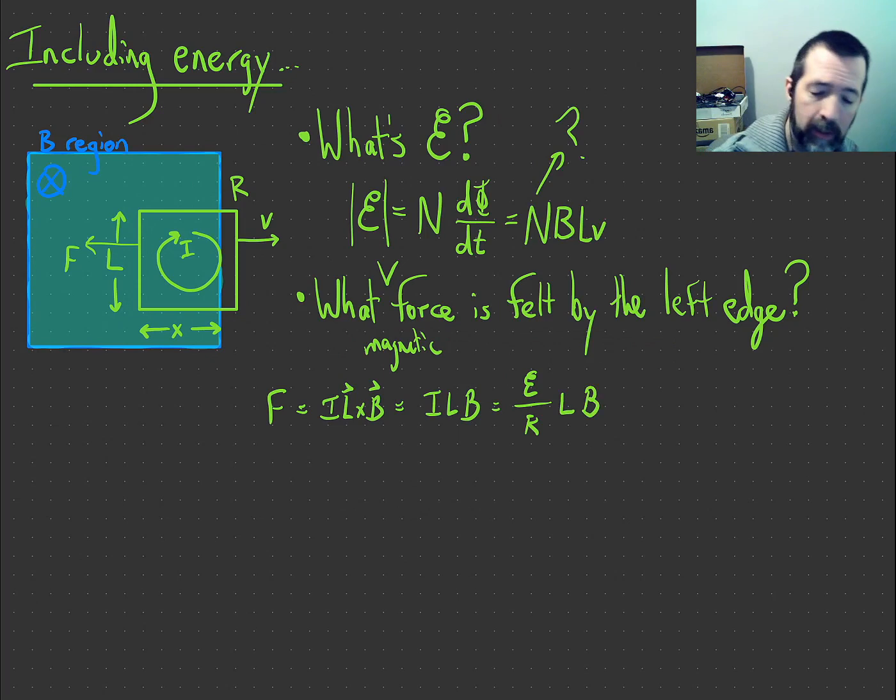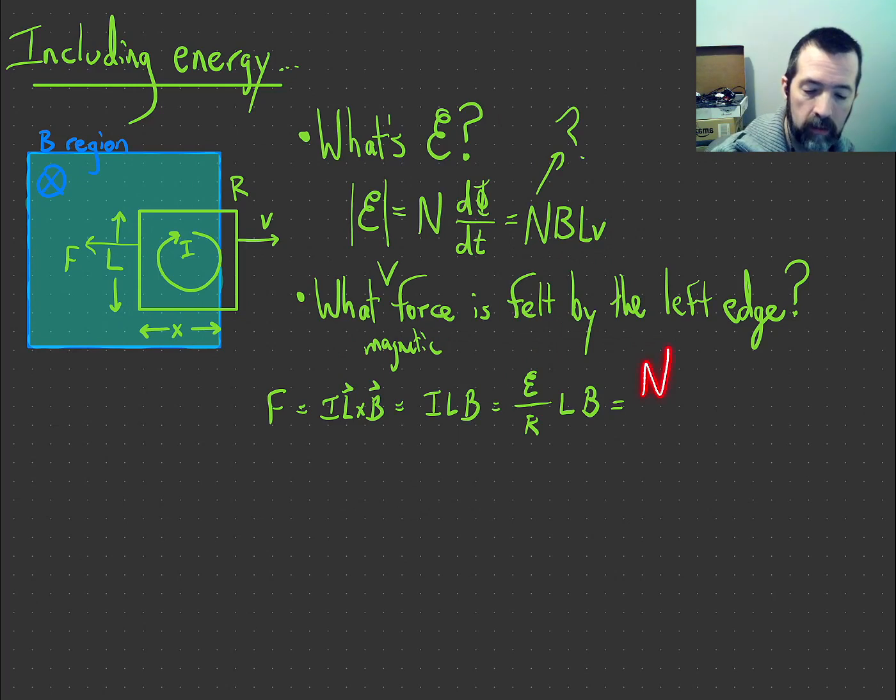But the reason I wanted to make that swap is because I have an expression for the EMF already. So I'm going to take the EMF expression and stick it into here. Notice that there's a B and an L already.